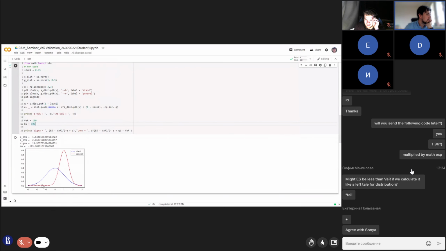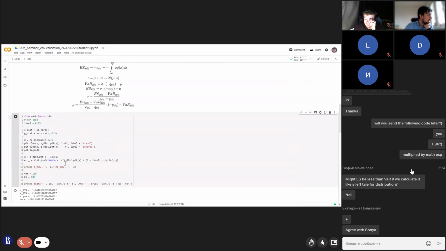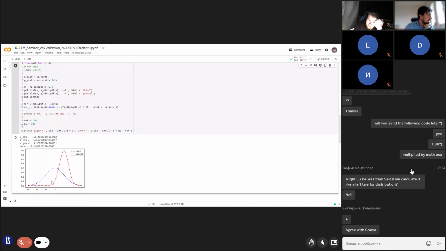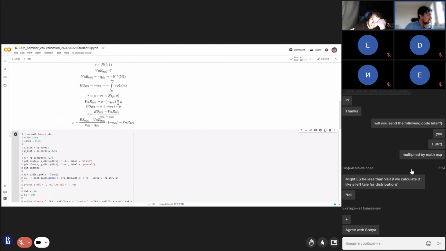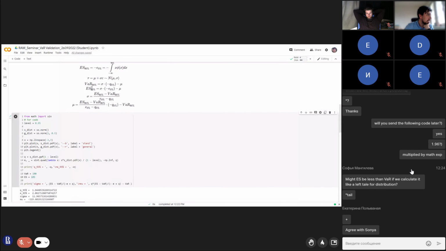Okay, so this is a quantile. We rescale it, and if it's positive, now we state it as a positive. We divide, we subtract the mu. Okay, this is correct. So now I can do.